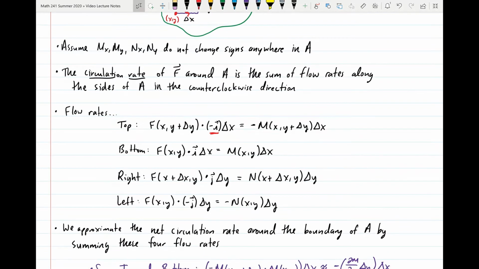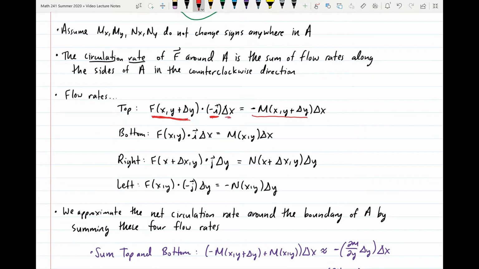And once we write it as F of (x, y plus delta y) dot minus i delta x, then we can just rewrite that as minus M of (x, y plus delta y), because when we take the dot product of F and minus i, we will just get the negative i component of our vector field F, which will be this minus M of (x, y plus delta y). And then of course we still have our delta x coming through at the end, so that'll end up over there.